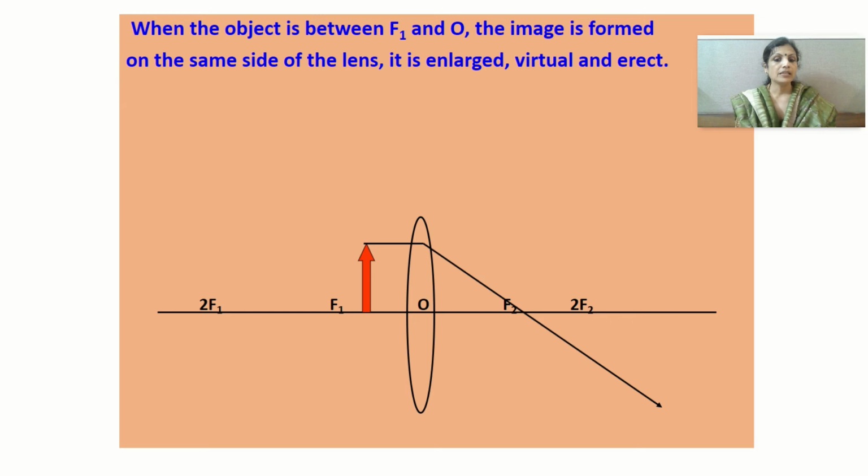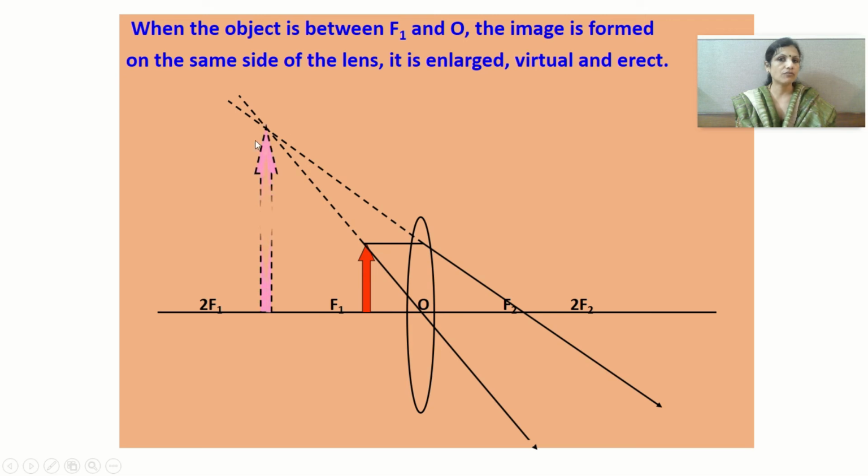The second ray passes through optical center and goes undeviated. Both the refracted rays are not meeting at any point, but if we extend these two rays backward, they appear to meet at one particular place, and that is the place where the image is formed.